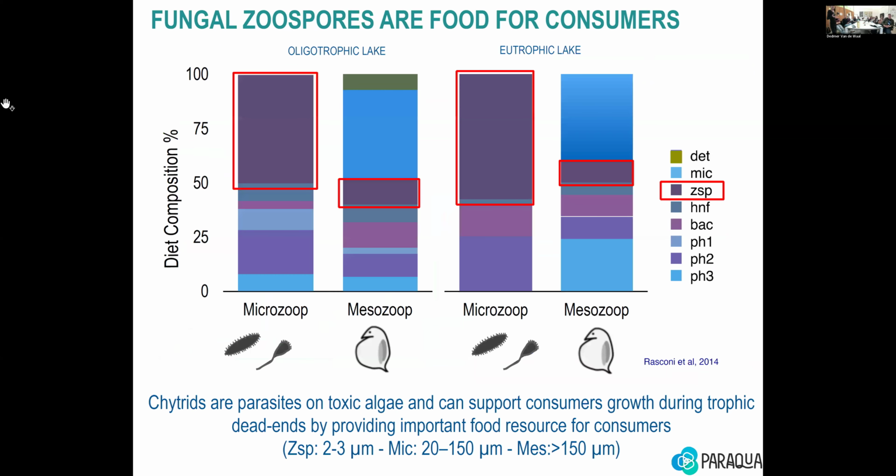We also calculated the amount of diet that zoospores can constitute for micro- and mesozooplankton, and we calculated that almost 50% of the diet of consumers can be constituted by zoospores during this blooming period.